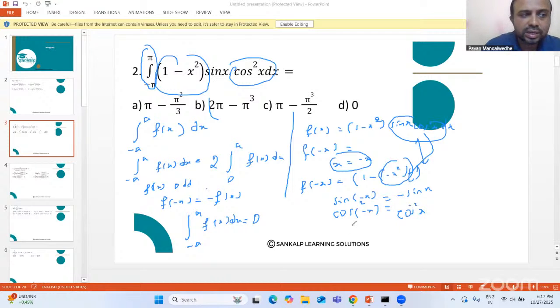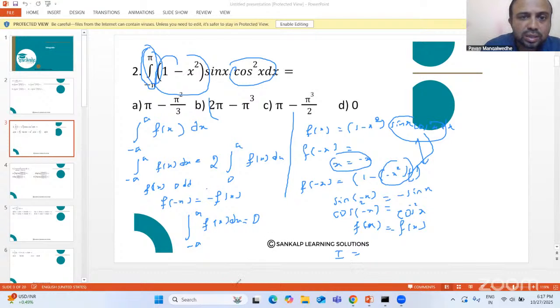So using this condition, you can write f of minus x as minus f of x, which is an odd function. Because the function is odd and the limit of integration is symmetric, between pi and minus pi, the value of the definite integral will always become 0. We know that from the standard result.